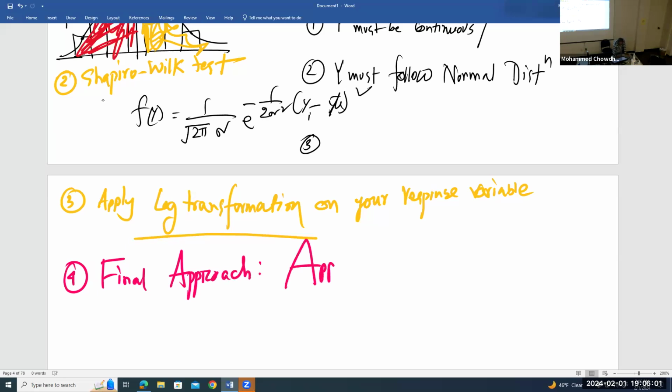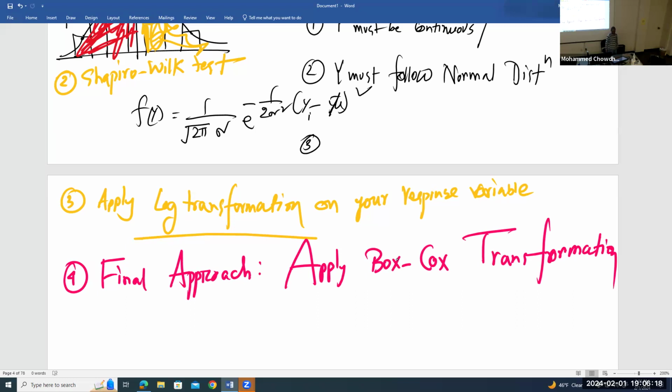Apply Box-Cox transformation. Box-Cox transformation on what?